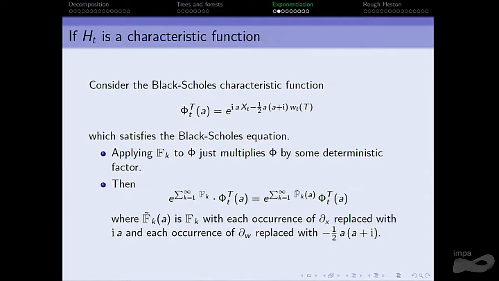So what's the most interesting solution of the Black-Scholes equation? I would say the Black-Scholes characteristic function. So I claim, and I hope you'll agree with me, that if we act with the exponential of the sum of forests on the Black-Scholes characteristic function, then each of those f dots turns into a number, f tilde of a. Each time we take an x derivative, we get a factor ia. And each time we act with an m derivative, we get a factor of a half times a plus i.